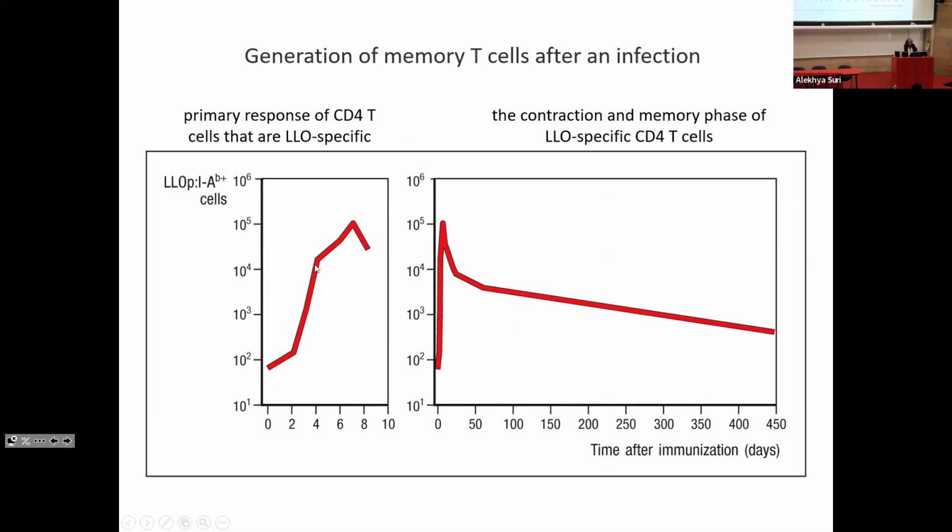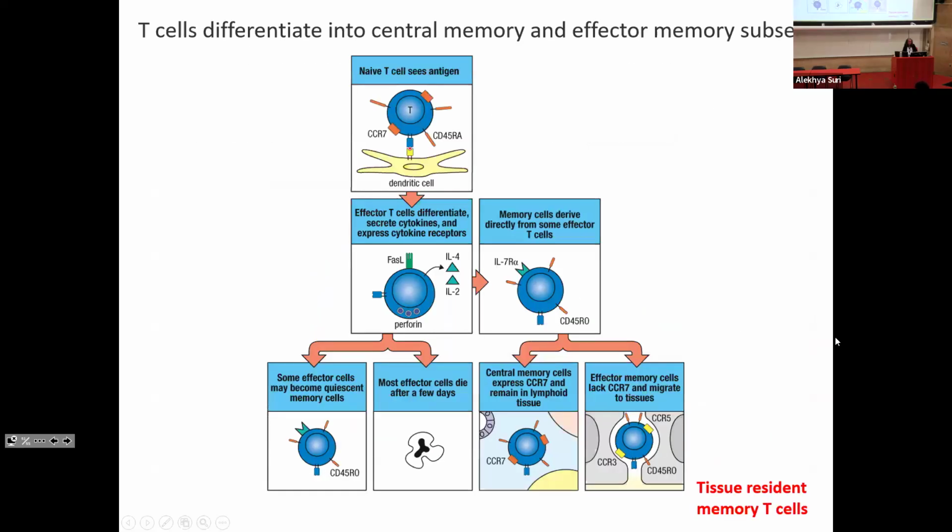So this is a primary response, say to Listeria, to LLO-specific or Listeria-specific antigens, and you can see when there's a secondary response, there's activation of T cells, and then the T cell numbers come down over time, and some of them will go in as memory T cells. So when there's activation of naive T cells, those T cells can become effector T cells or memory T cells.